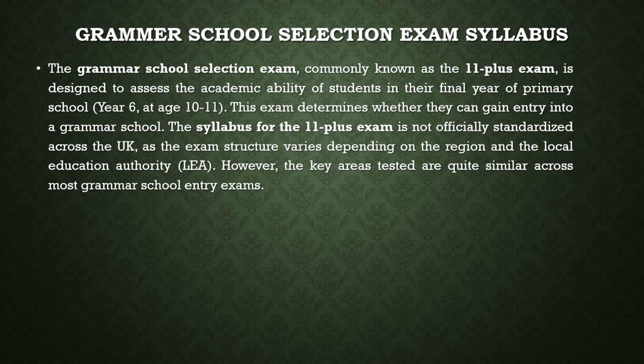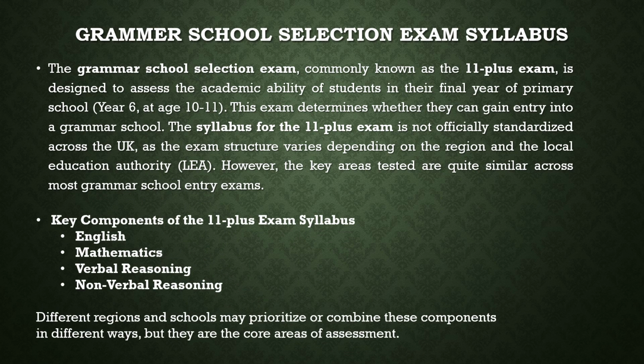The syllabus for the 11 plus exam is not standardized across the UK, as the exam structure varies depending on the region and the local education authority, as well as the school criteria. However, the key areas which are tested are quite similar across all the grammar schools for entry exams. So the main components of the 11 plus exam are English, mathematics, verbal reasoning, and non-verbal reasoning.